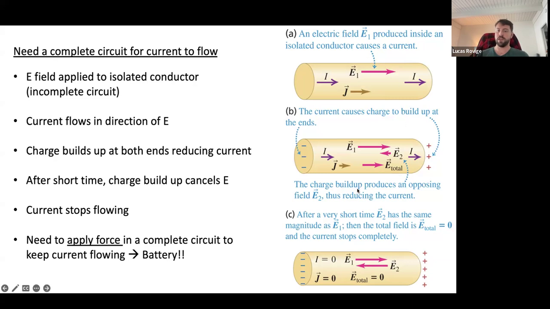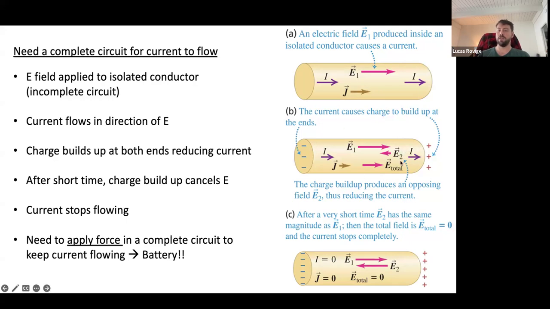And this is because there's a retroactive loop happening. So let's consider an isolated conductor. If for some reason an electric field arises in the conductor, then this electric field is going to make charges move inside the conductor, because charges are free to move, especially electrons. There will be a force acting on those charges, and they will build up to oppose the electric field.